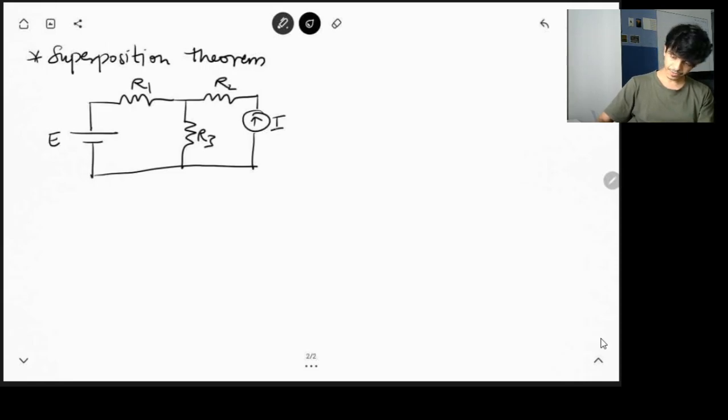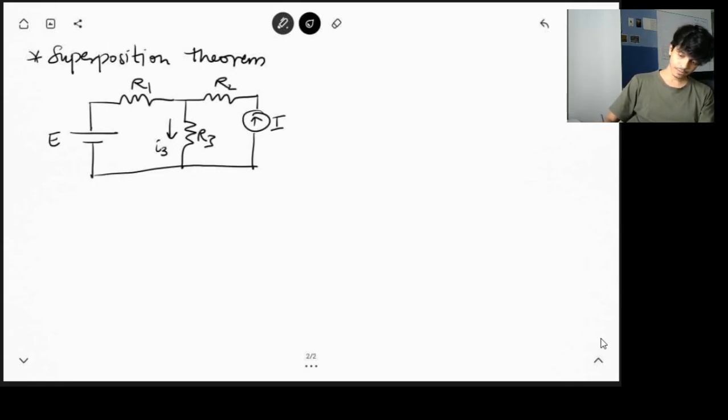And now suppose I'm interested in finding out what is the current that flows through this resistance R3. Now there are two sources. Superposition theorem says that each of these sources acts independently, and you can calculate the current independently for each source and then just add them up. You will get the total current.